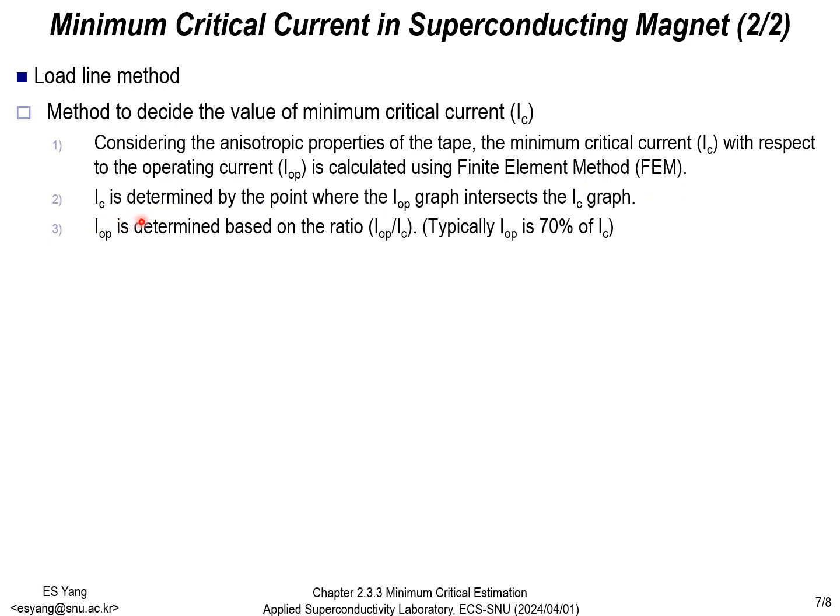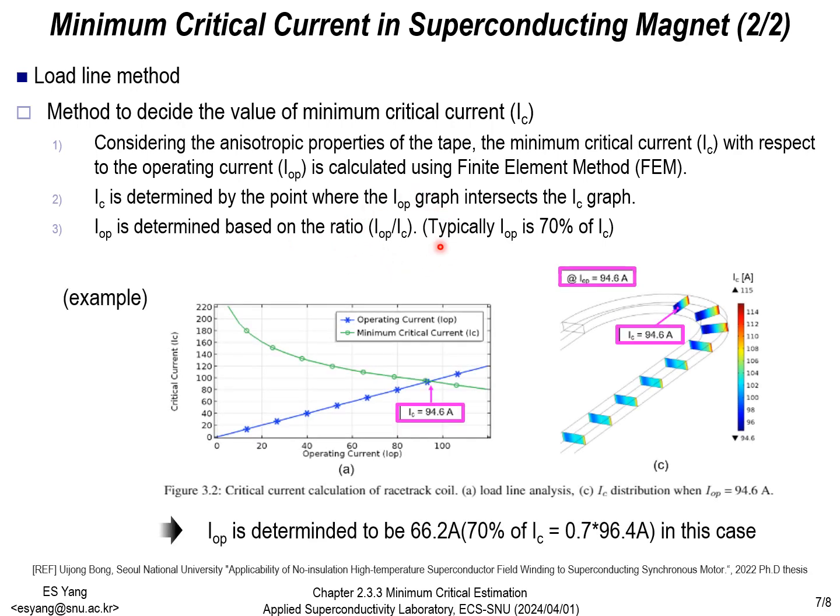The intersection point of the graphs, representing the operating current and the critical current, determines the critical current. The operating current is determined based on the ratio to the critical current. The following example illustrates the quantitative values obtained using the load line method.